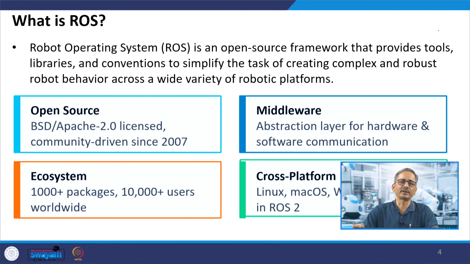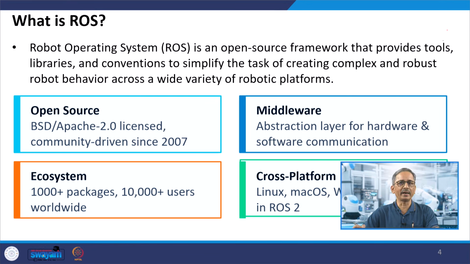So, let us see first what is ROS, that is Robot Operating System. ROS is an open source framework that provides tools, libraries and conventions to simplify the task of creating complex and robust robot behavior across a wide variety of robot platforms.